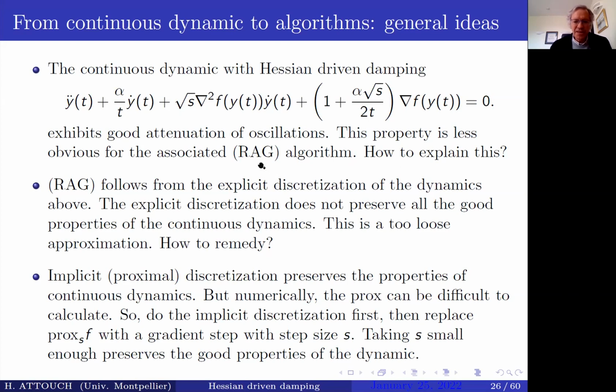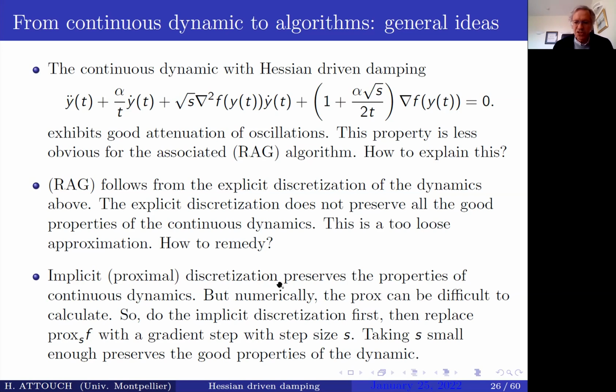In fact, the Ravine method follows from the explicit discretization of this dynamic. When you pass from this dynamic to the Ravine method, you just do explicit discretization. And explicit discretization doesn't preserve all the good properties of a continuous dynamic. This is a rough approximation. How to remedy? The idea is to go first through implicit proximal discretization.